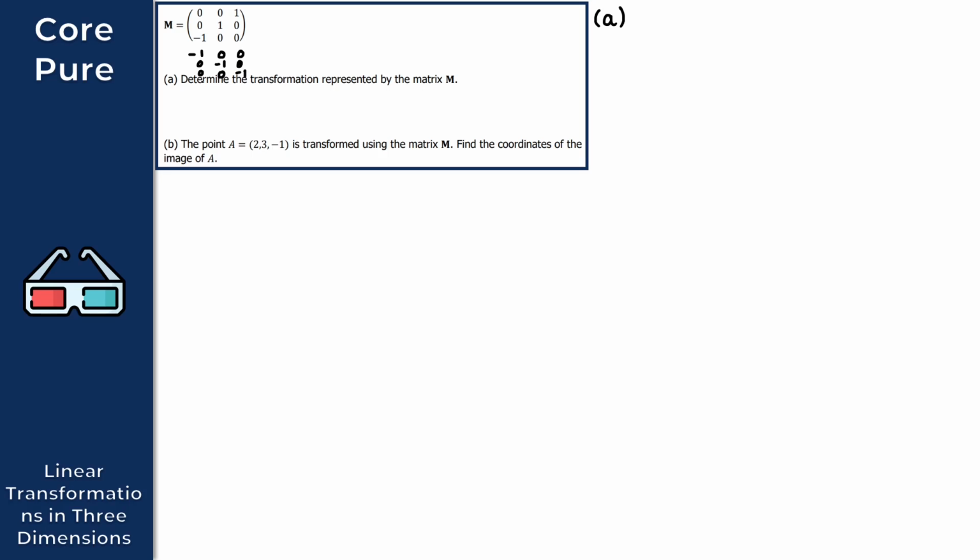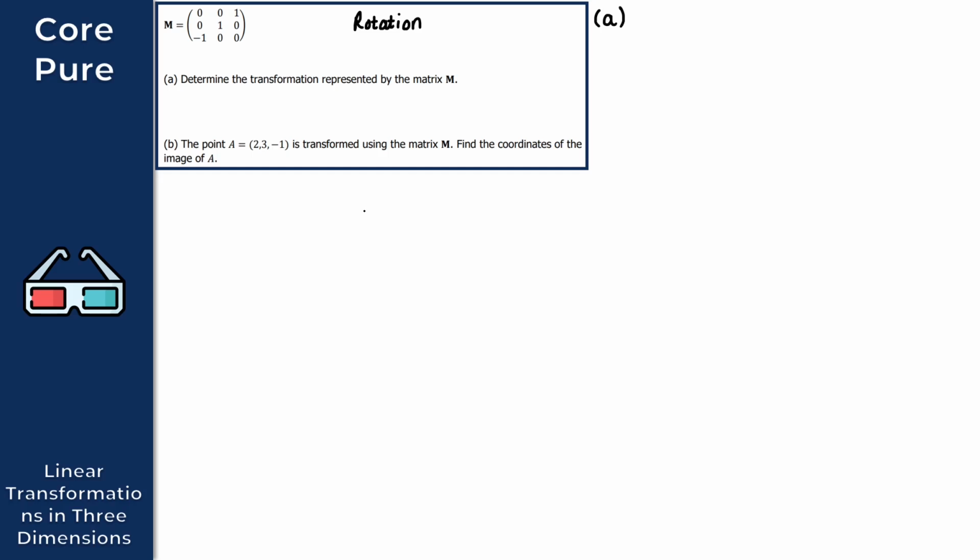Given that we have none of these columns here, it's definitely not a reflection. So let me just get rid of these just so I don't cause any confusion. So what that tells us then is we have a rotation.